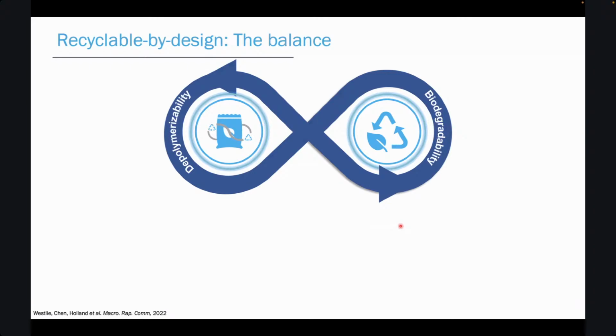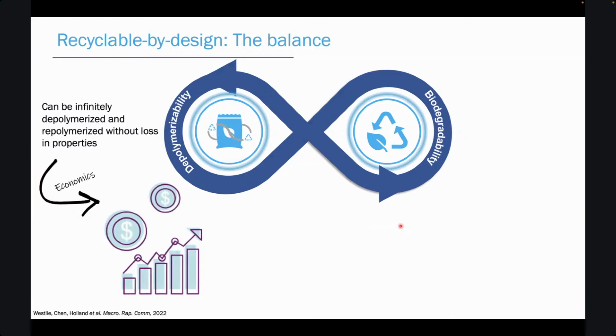And so as we think about the future of materials, if we can build in an easier process to unzip these materials back to their parent building blocks, this will reduce energy inputs needed and reduce costs, and ultimately improve the economics around waste collection, sortation, and recycling as a whole. And so our first goal is always recycling, but we're looking at it as how do you make it easier to unzip these materials back to their building blocks and do this in an infinite cycle without loss of properties. So that's goal number one.